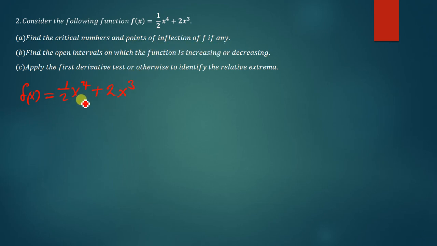Alright, so the first thing that you have to do when you're finding the critical numbers is simply differentiating the function, because at either the maximum or the minimum, or at the critical point, the value of dy/dx, or the gradient function, is equal to 0. When you differentiate any function, the answer that you get is called the gradient function.